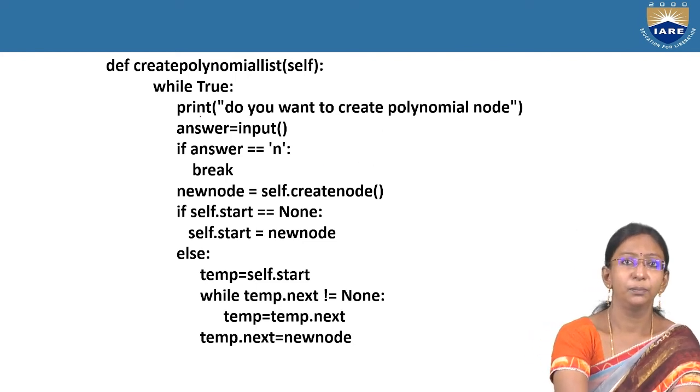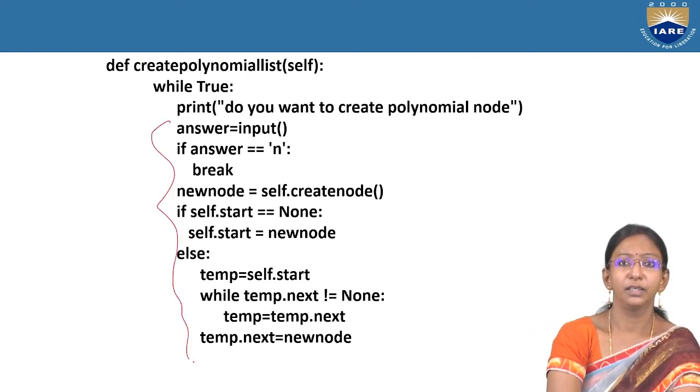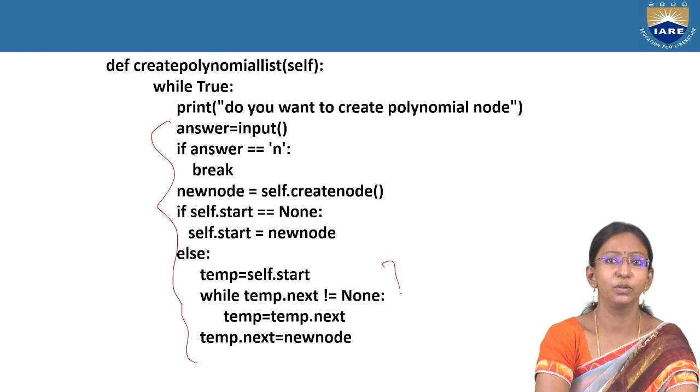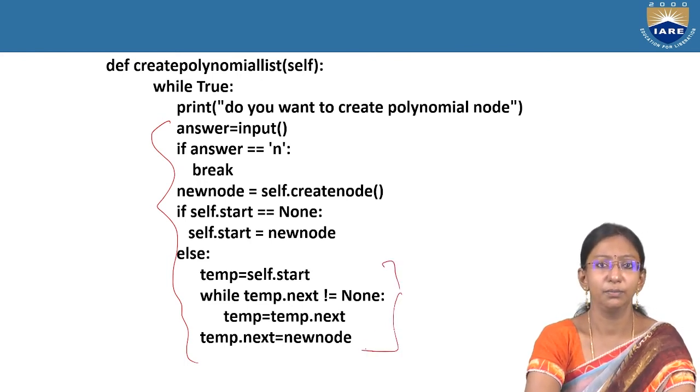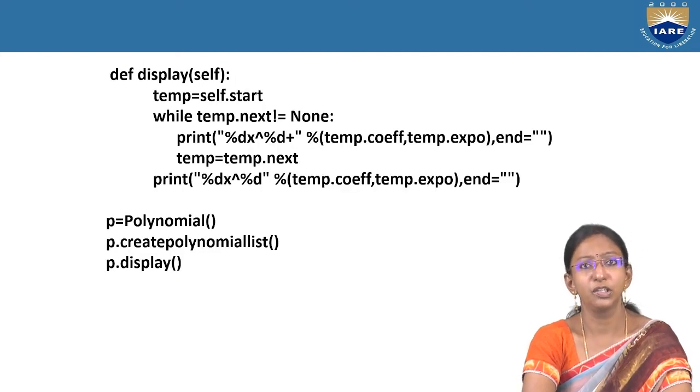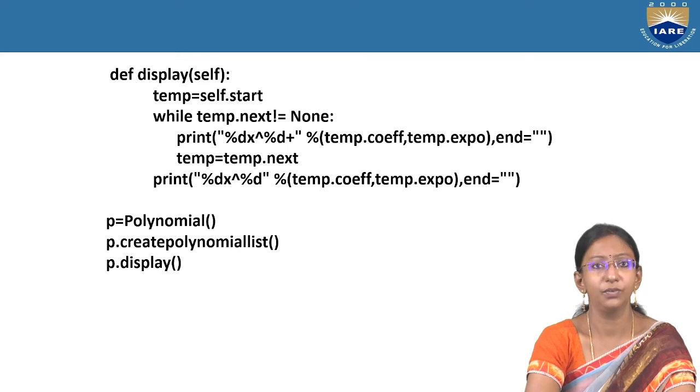This is a simple piece of code which I have taken. The logic is insertion at the end. You can even go with insertion at the beginning to create a polynomial. Okay, this is a small function to display and look at how the polynomial looks.